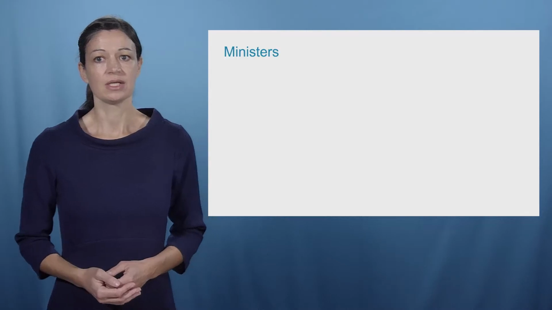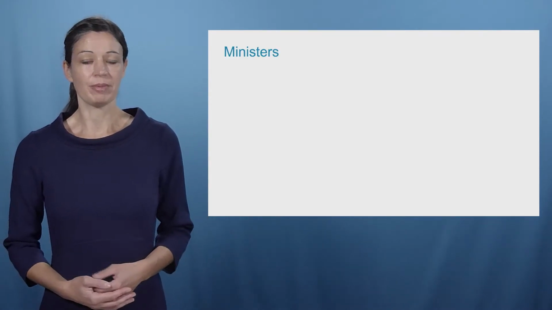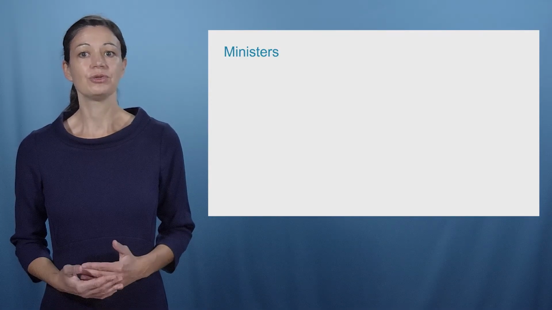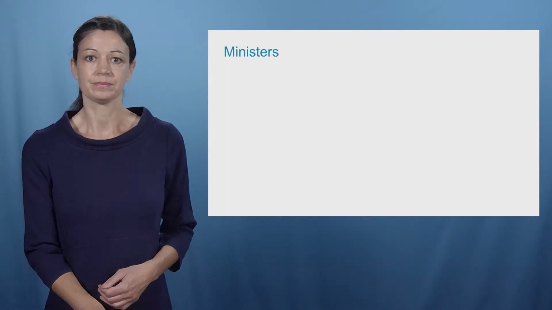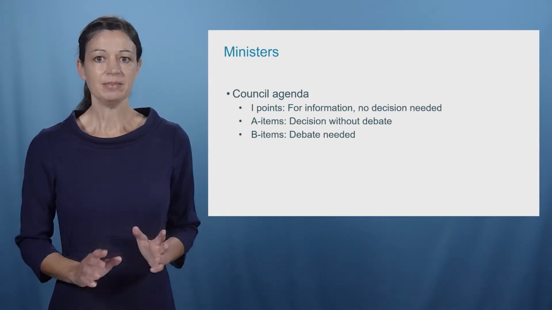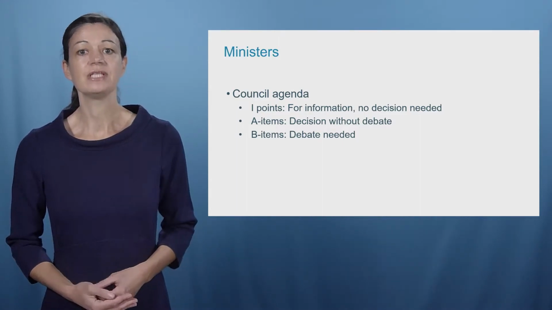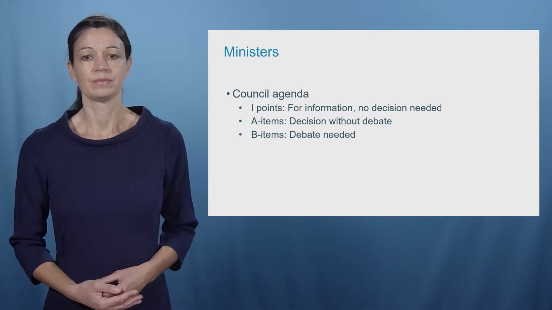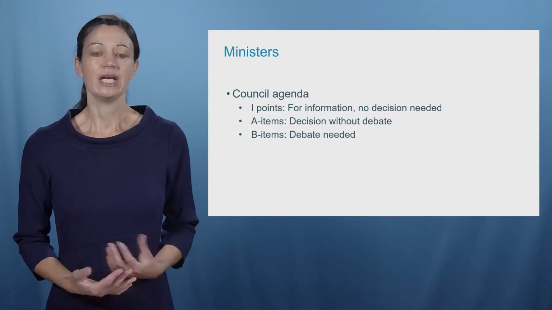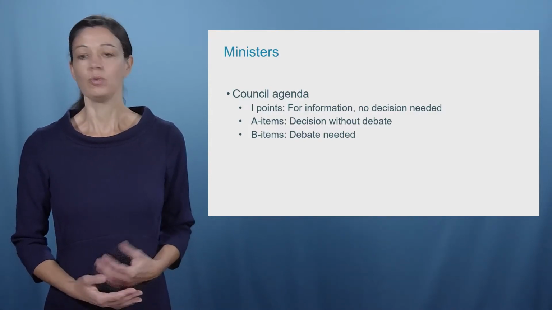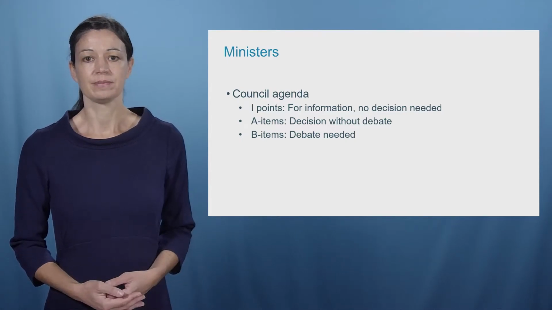Contentious issues that could not even be solved by Coreper 1 or 2 are referred to the meeting of the ministers. A typical agenda of a council meeting has 3 different item groups. The first are information points, on which no decision is needed.